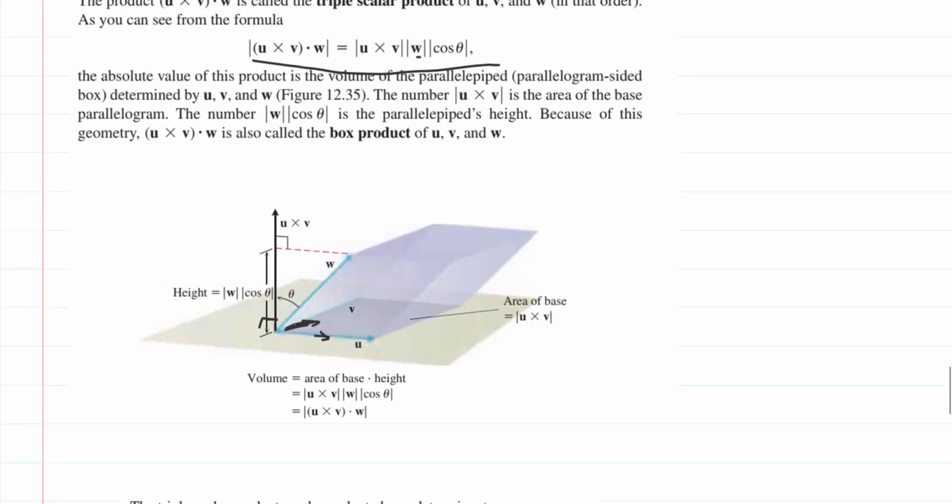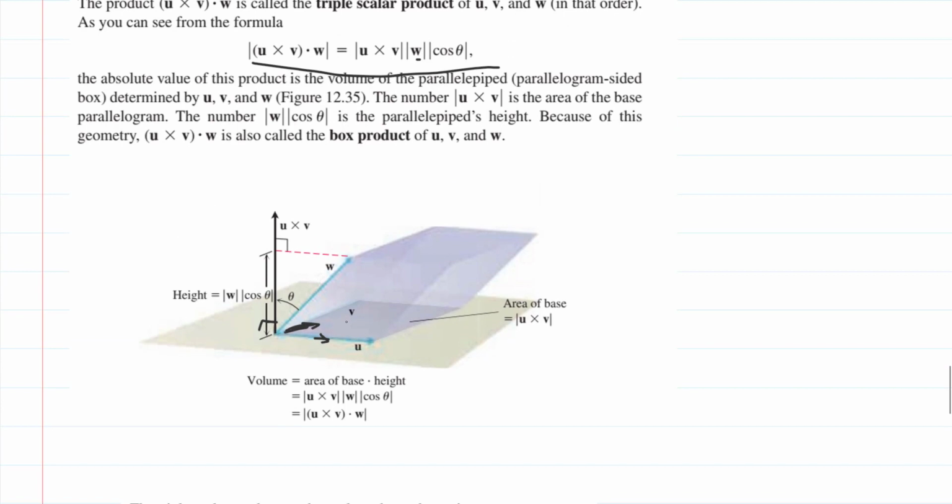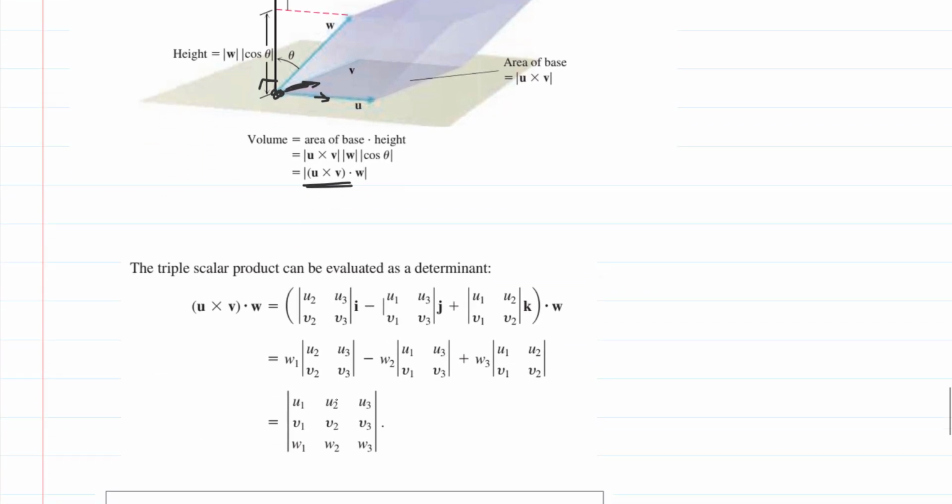If you want to find the volume of a parallelepiped, or a parallelogram sided box, you can define three vectors. Once you have those three vectors coming from the same point, you can get that triple product. Then the magnitude of the triple product will give you the volume of the parallelepiped.